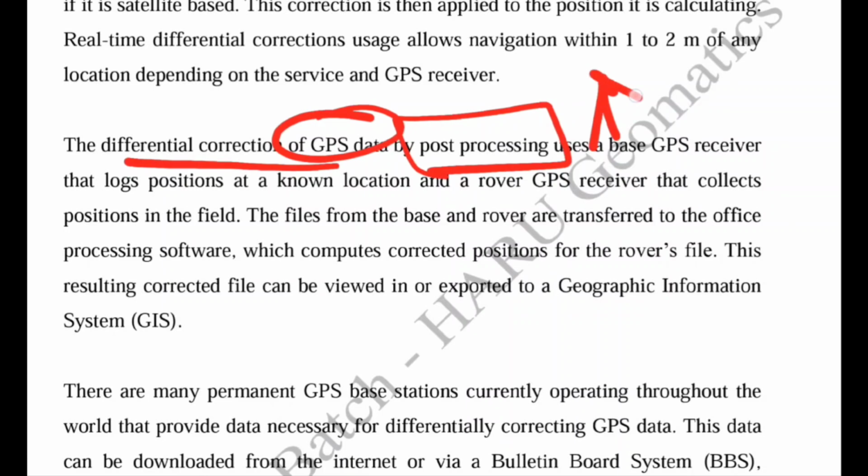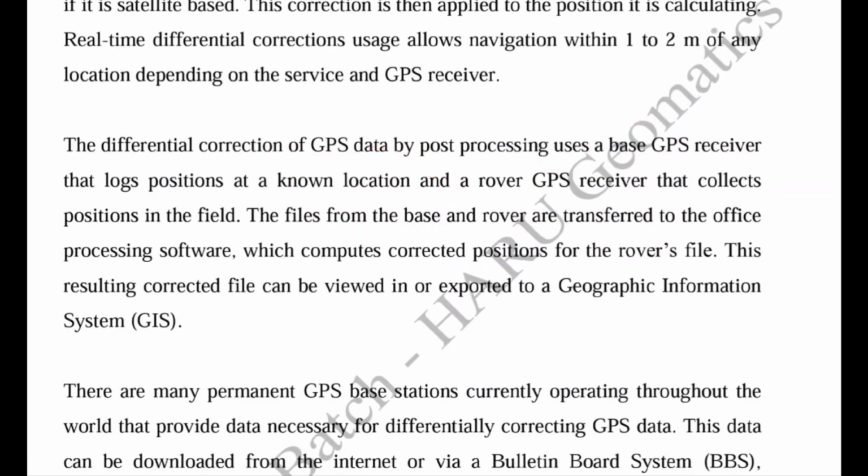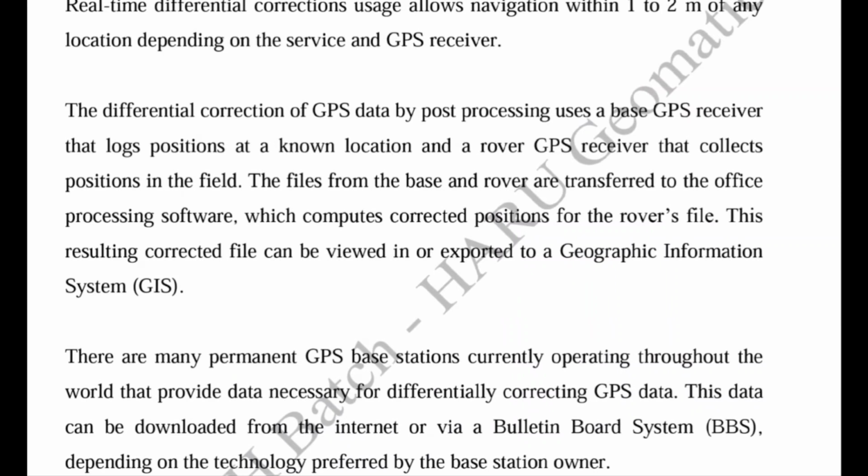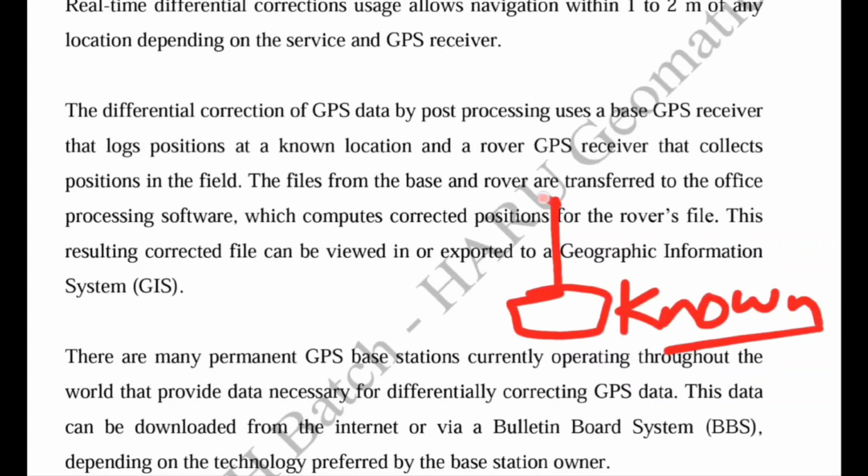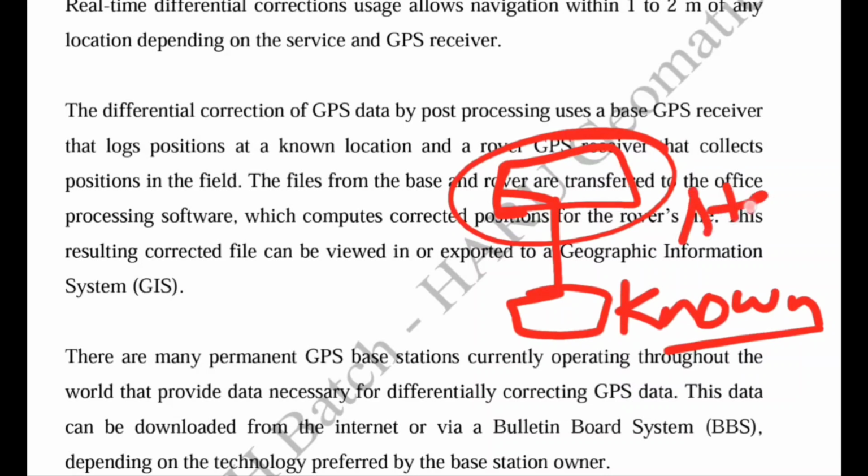Basically this technique is applied in static DGPS, the technique of post-processing, which uses a base GPS receiver that logs positions at a known location and a rover receiver that collects positions in the field. So there is a known location at which the GPS base receiver calculates its position, and the real-time corrections they are storing.